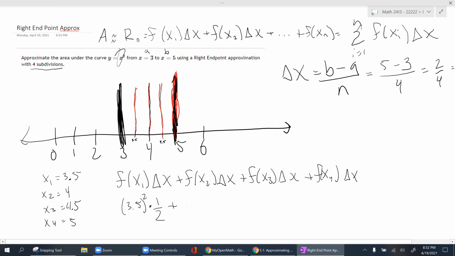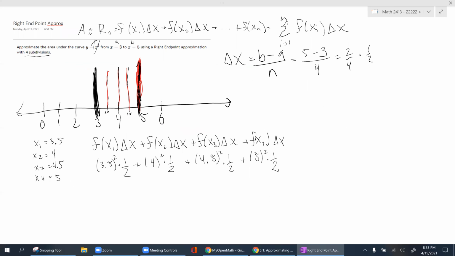Plus my function at x2 squared times 1/2. Plus my function at x3 squared times 1/2. Plus my function at x4 squared times 1/2. This here is going to give me an approximation.